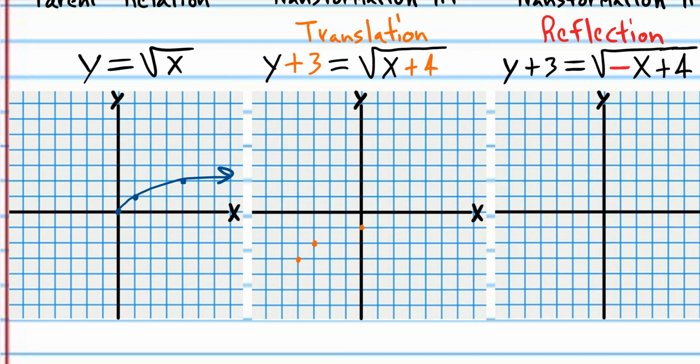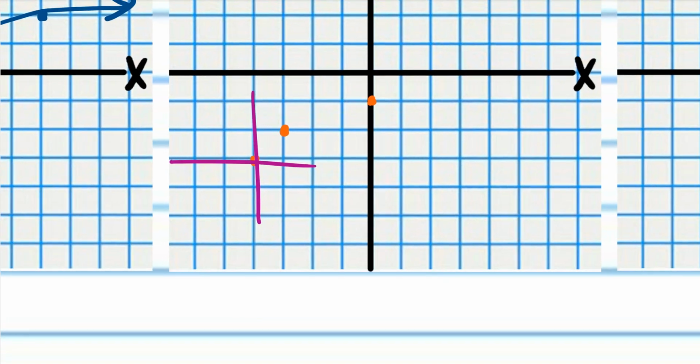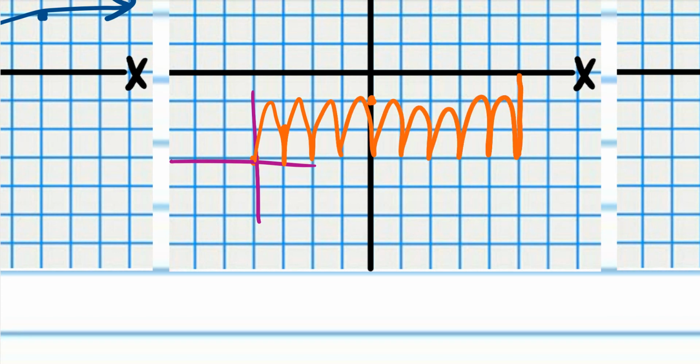So what I'm going to do is draw temporary axes down here and pretend that that's the origin, and then use the parent equation. If I plug in 9 for x, I get 3 for y. So we're going to count out 1, 2, 3, 4, 5, 6, 7, 8, 9, and then up 3. And we get that next point.